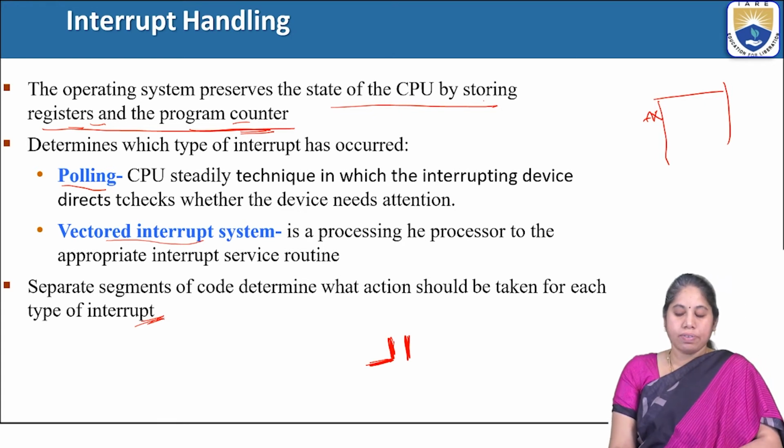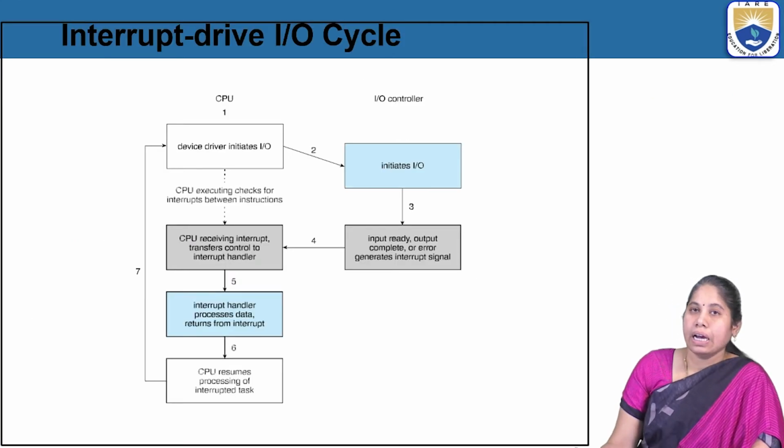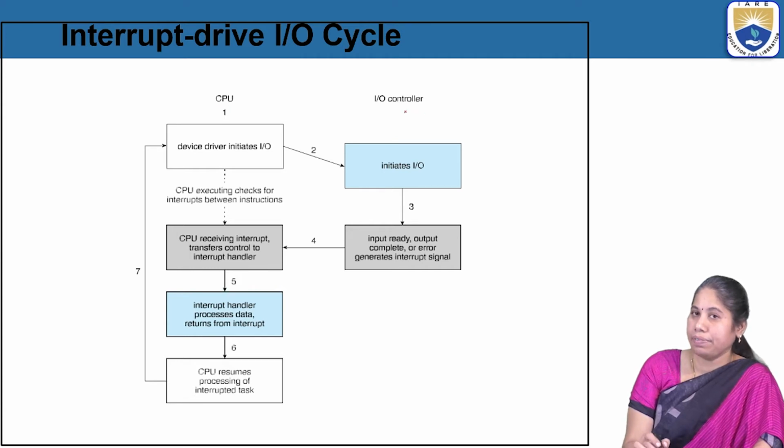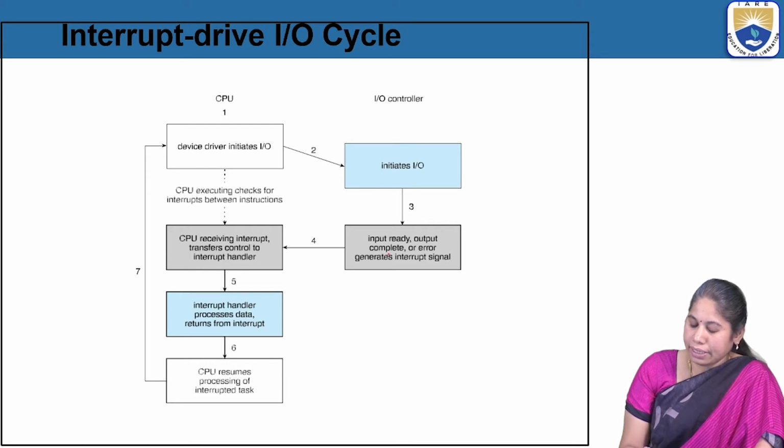So this is interrupt handling, and here is the interrupt-driven I/O cycle. I already informed you that the CPU and each and every device have their own controllers, and that controller is in charge of the particular device. Now the CPU is executing. The device driver initiates the I/O, and it goes to the I/O controller.